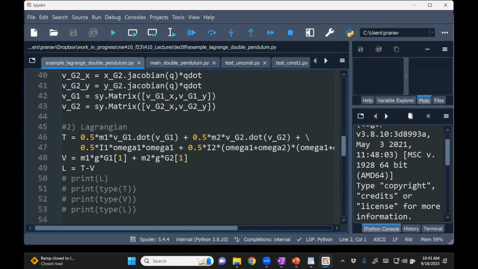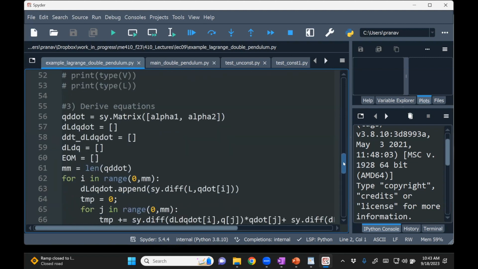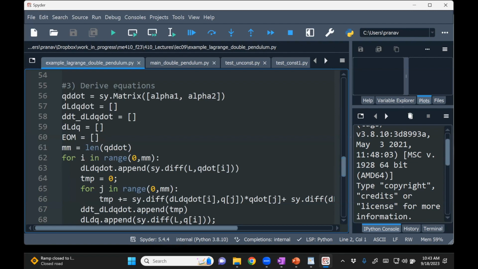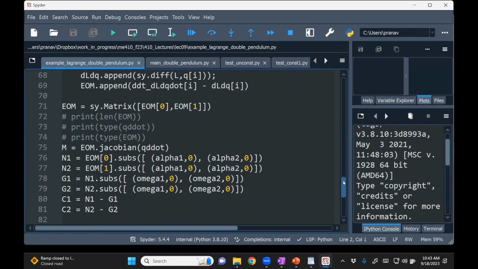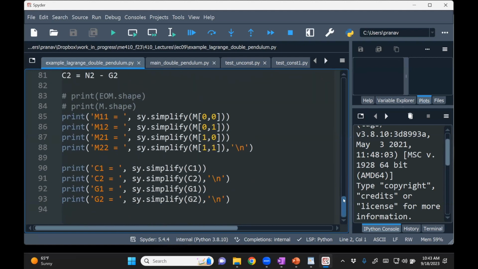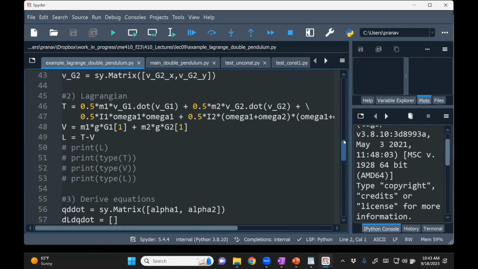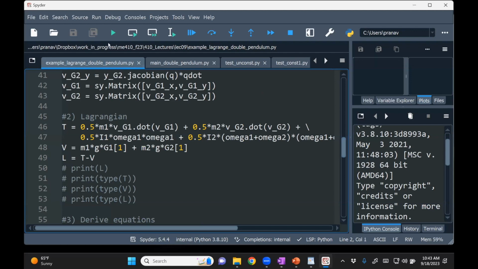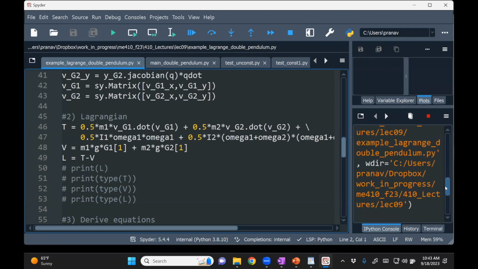I compute the Lagrangian L, and then I do the derivations. So this is basically copy paste. Once you have q dot set up, it basically generates the equations for you. Okay, and I'll talk a little bit about how the equations are generated, but let me show you something before that. This is going to print nothing by default. It's just going to derive the equations.